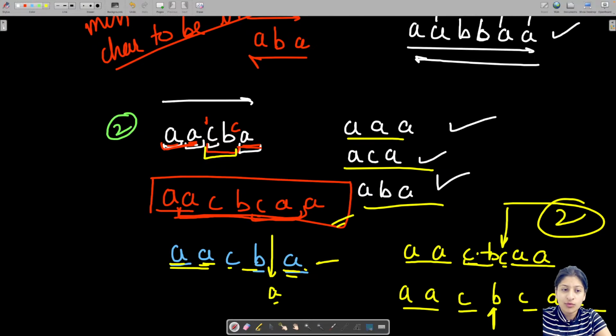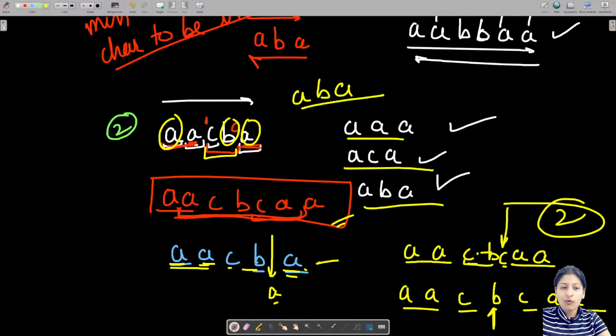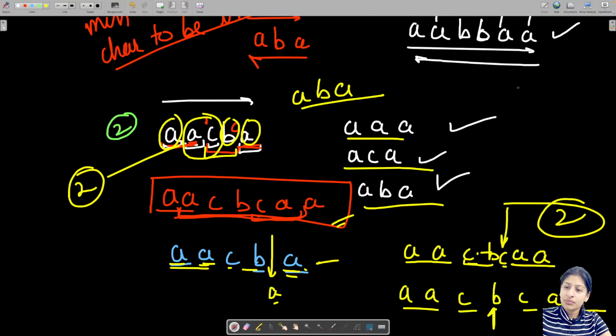For example, if you were considering A, B, A as your palindromic subsequence, what were the characters that were left? The number of characters left was 2. So you observe that in all the cases you needed to insert how many characters? 2 characters, and this is the minimum count of characters that you can insert in order for it to be a palindrome.